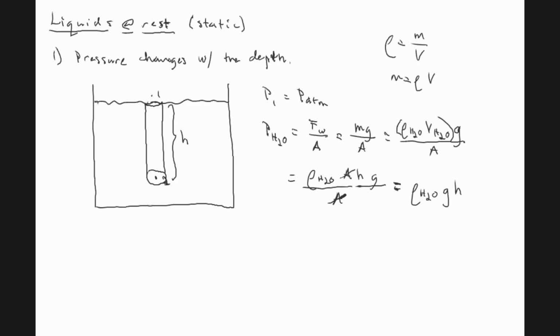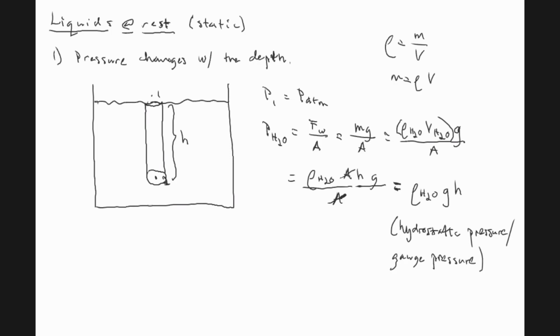Because realistically, what we're measuring is what we call hydrostatic pressure. So stationary water pressure, or commonly referred to as gauge pressure, because that's what you get when you put it next to a gauge and measure it.